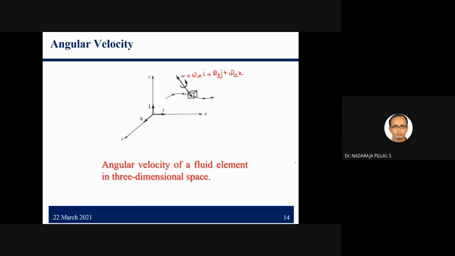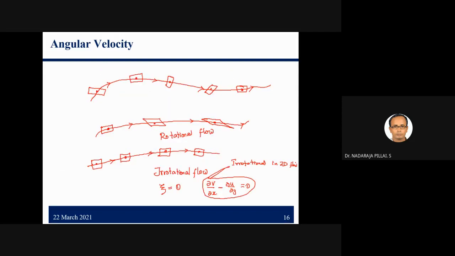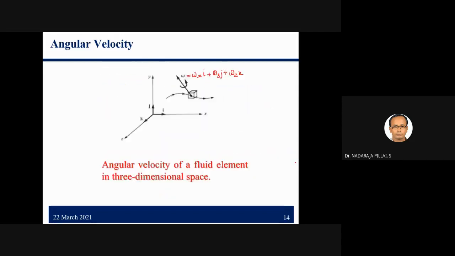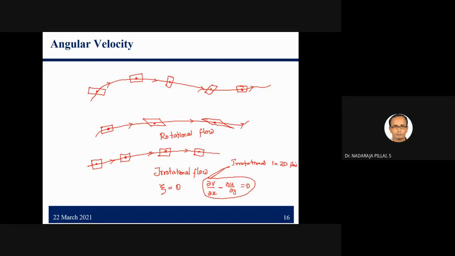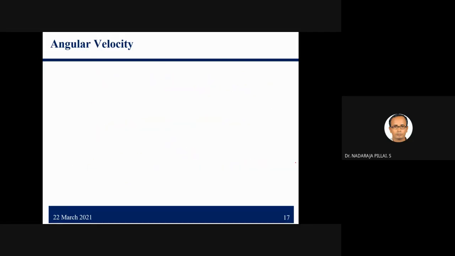So angular velocity and vorticity we have seen. Now we will go for another term called strain. What is strain?